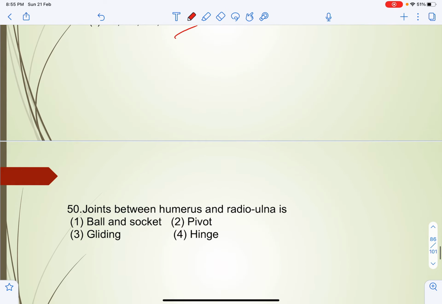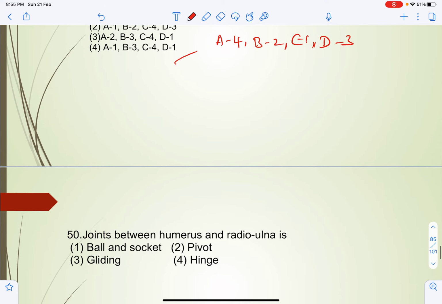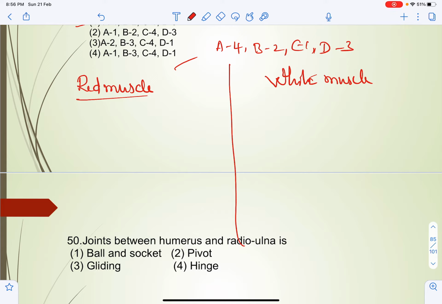Let us know about the difference between red muscles and white muscles. So what exactly are red muscles and white muscles? In red muscle and white muscle, the very clear difference is based on the amount of myoglobin, which imparts a characteristic feature, mainly due to abundant myoglobin.